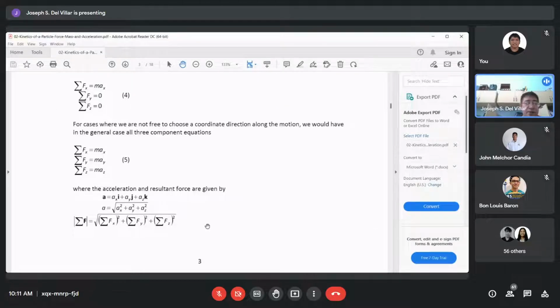Okay, where the acceleration and resultant force are given by a sub x times i plus a sub y times j plus a sub z times k. And the acceleration is the square root of the summation of squares of the coefficients of i, j, k. So these are unit vectors, the i, j, k. And summation of forces is equal to the square root of summation of squares of summation of f sub x, f sub y, and f sub z squared.